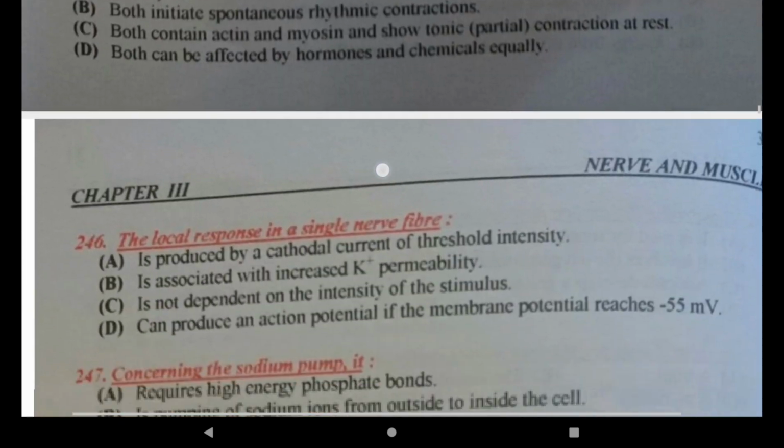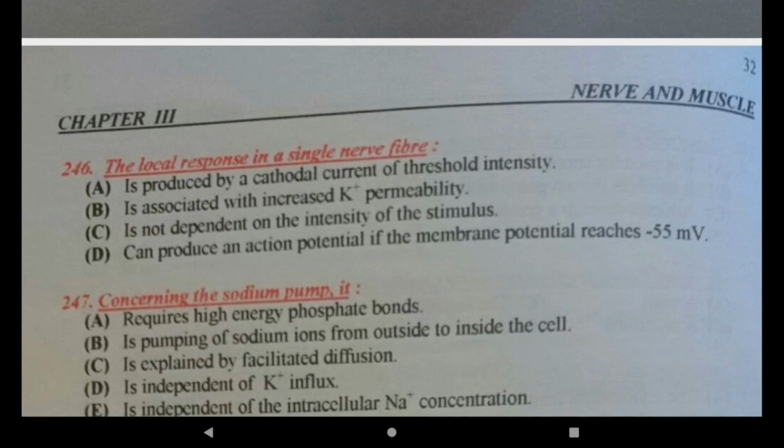Now, that takes us to our next question. 246. The local response in a single nerve fiber is: A. Is produced by cathode current of threshold intensity. B. Associated with increased potassium permeability.